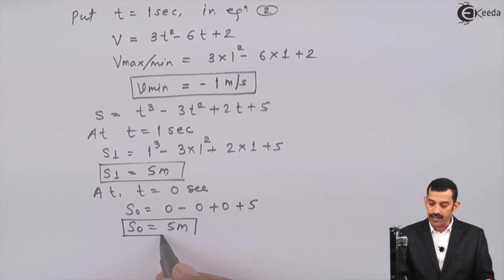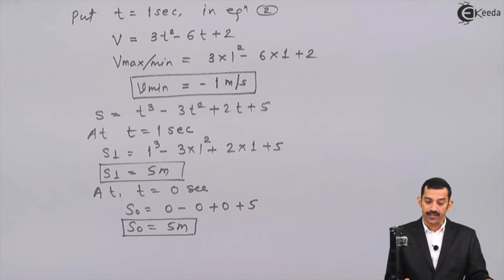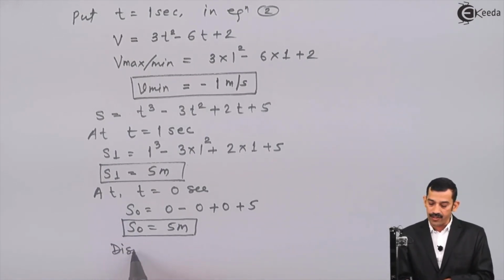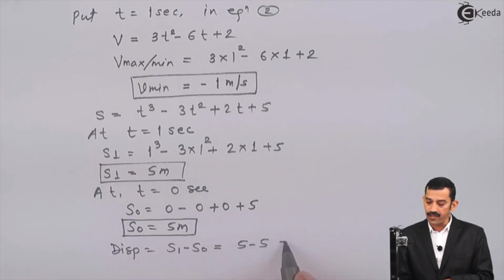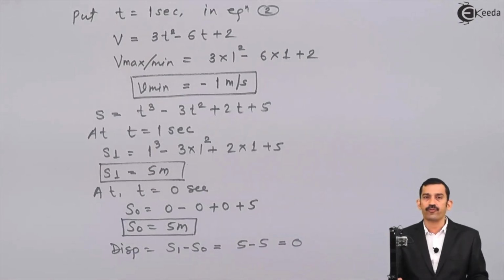At 1 second and 0 second the positions are the same. The displacement is final position minus initial position, s1 minus s0, which becomes 5 minus 5. That means it is 0.